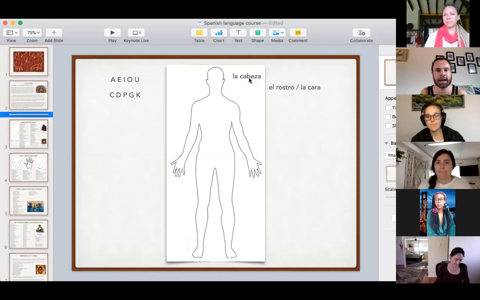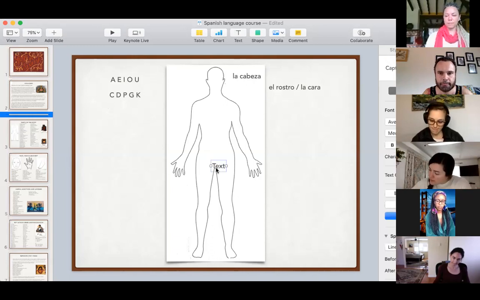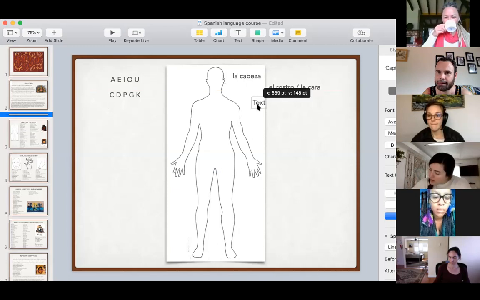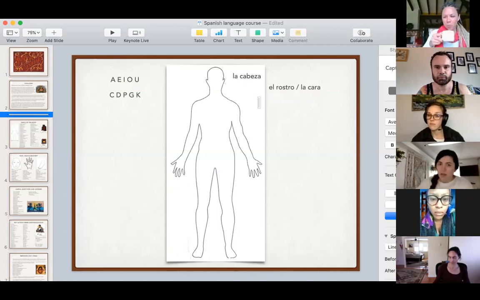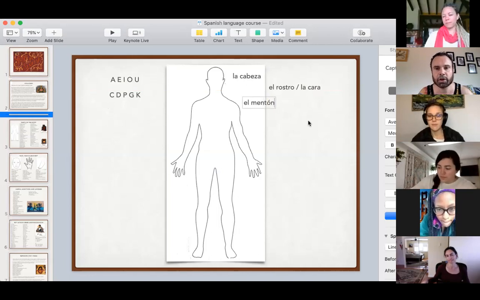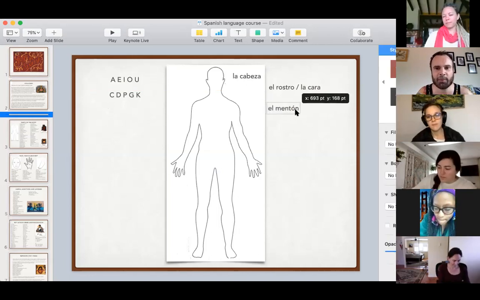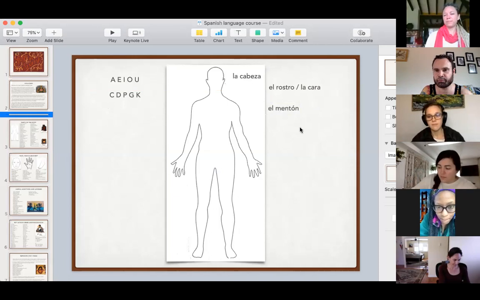Okay, so who's got any other words for areas of the head, face, and neck? Mentón. El mentón. Good. So the word for mentón, can anyone help me? What is your mentón?